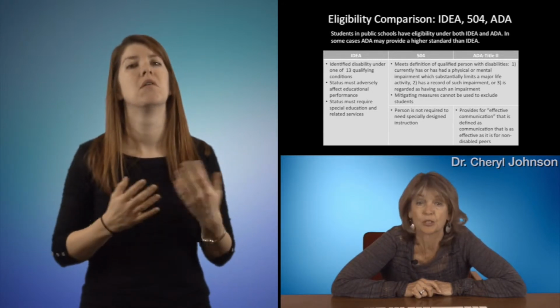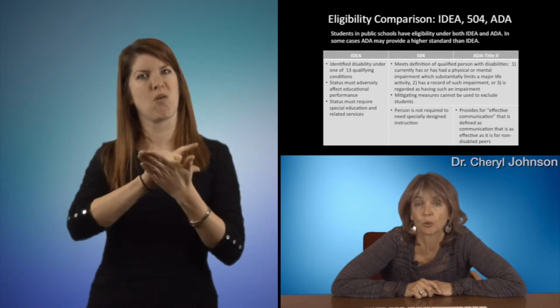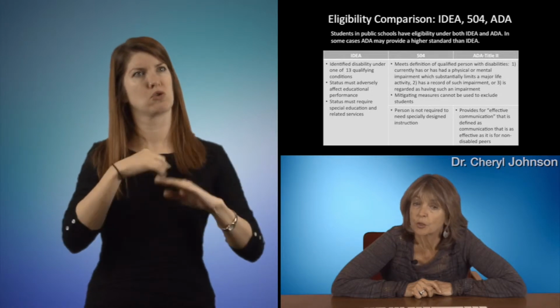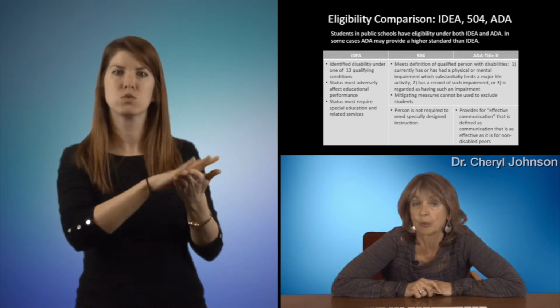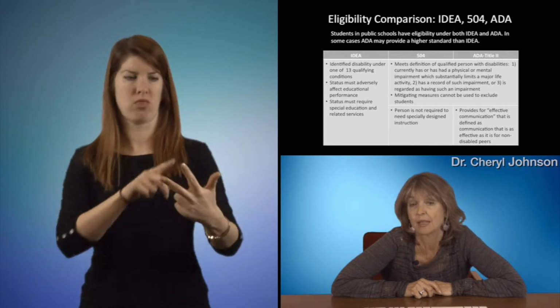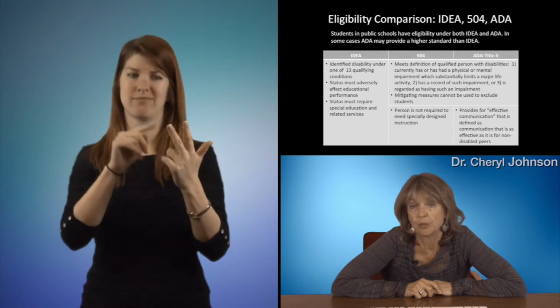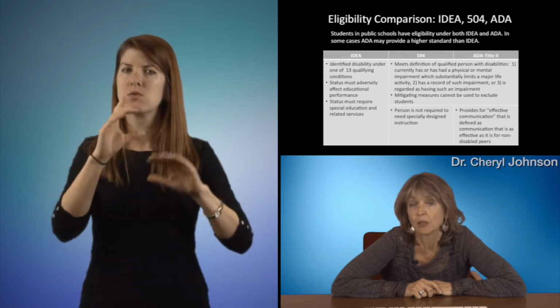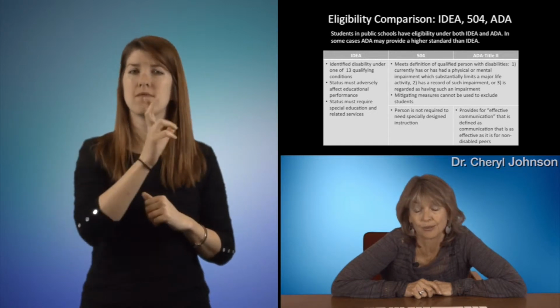Originally, the school district said no, we're meeting the law of IDEA, and that's the standard that we're required to meet. So the courts reviewed this and indeed came back and told schools that children can be eligible separately under IDEA and ADA. So again, we have a higher standard to meet for communication access or effective communication for our deaf and hard of hearing students.